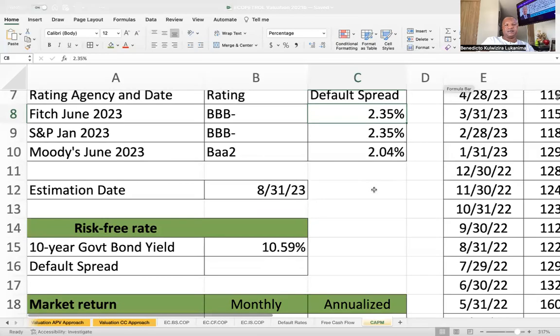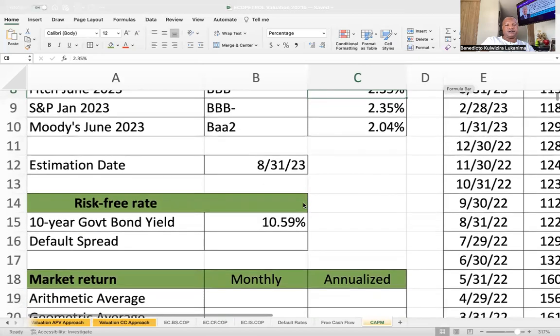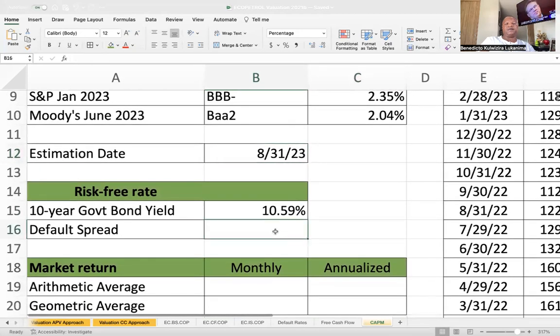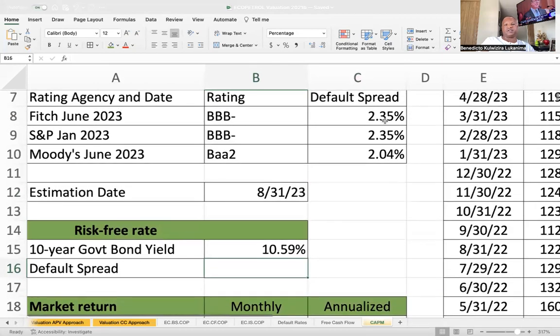So I'll pick a 10-year government bond yield for 31st August 2023. Now, the default spread is my decision. You can make a different decision. I'm going to assume a triple B minus. Someone else can just assume a Baa2 minus.